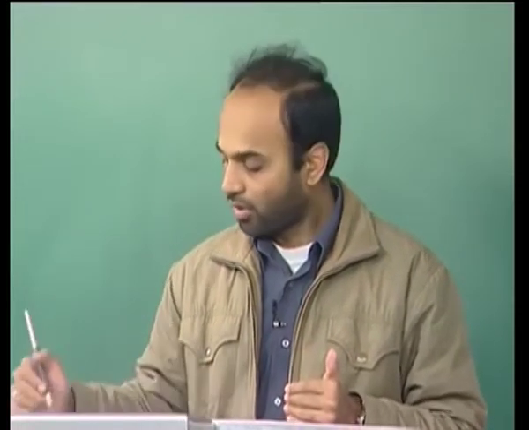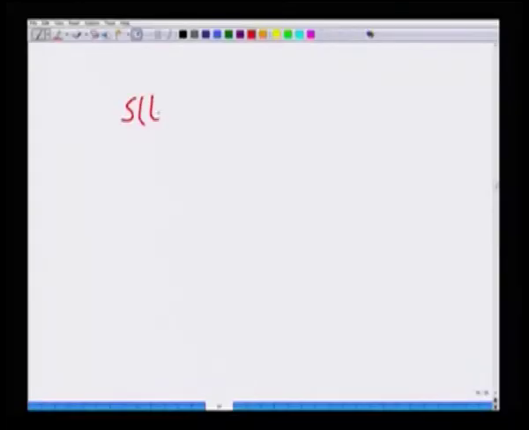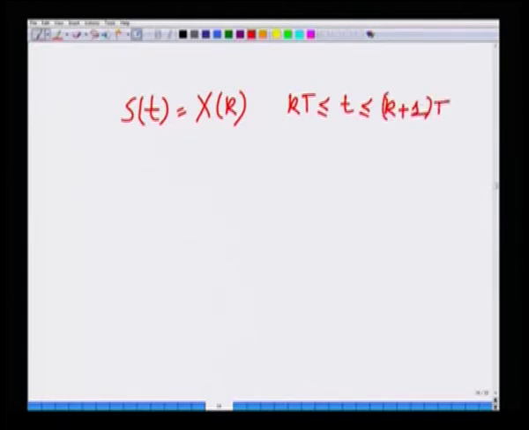And if you look at the transmission itself, the transmission can roughly be expressed as follows: s(t) equals x_k for kT less than or equal to t less than or equal to (k plus 1)T.